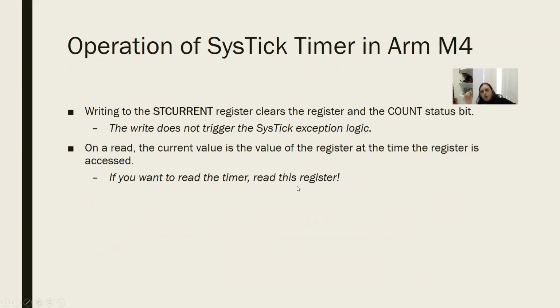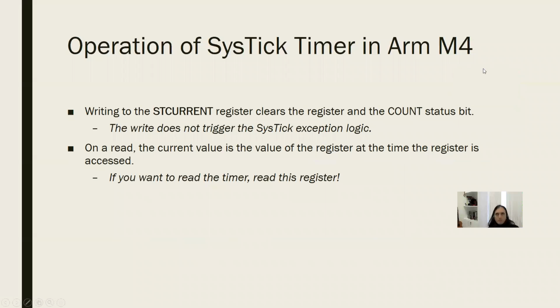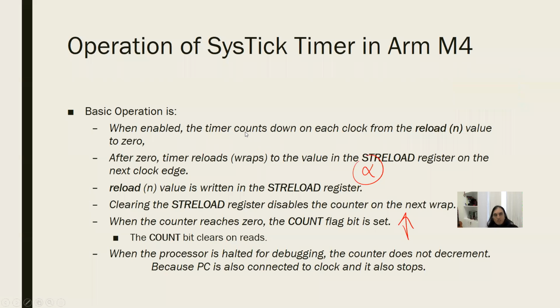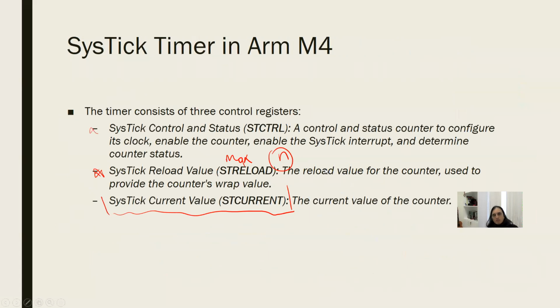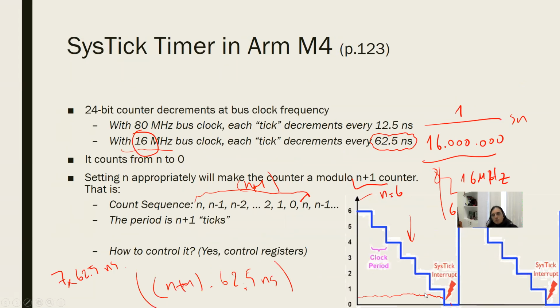Okay. Operation of the SysTick timer in M4. We are getting there step by step. The final and most important rule: the STCURRENT is a read-only register. I mean, you load the maximum value to the reload register. STCURRENT just decrements. It changes on its own.